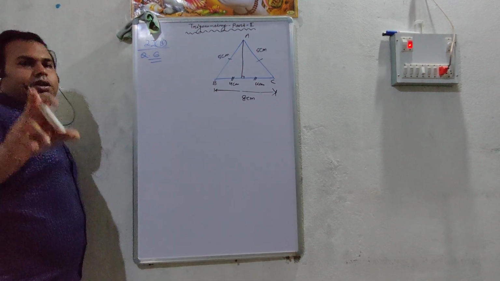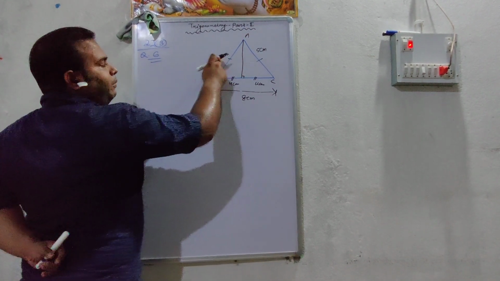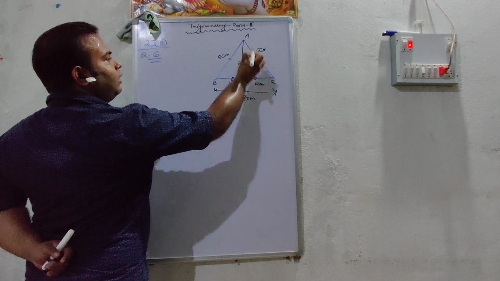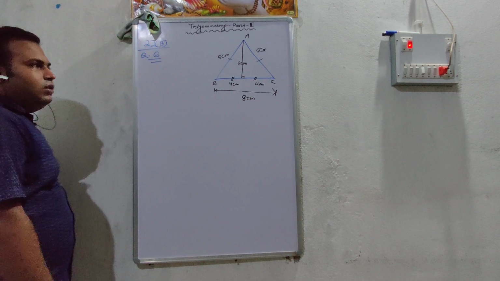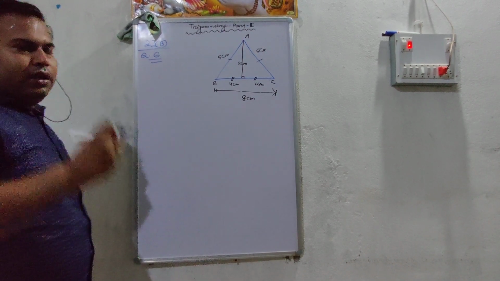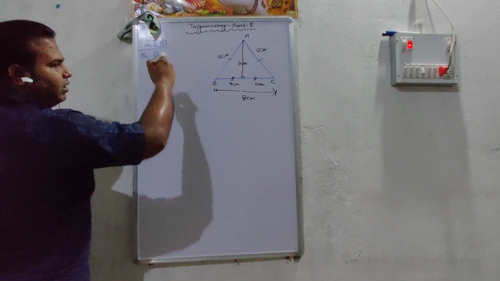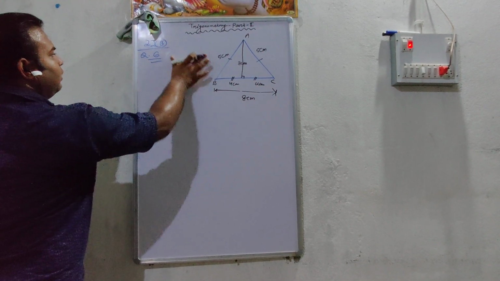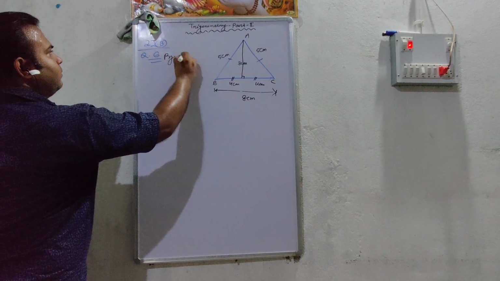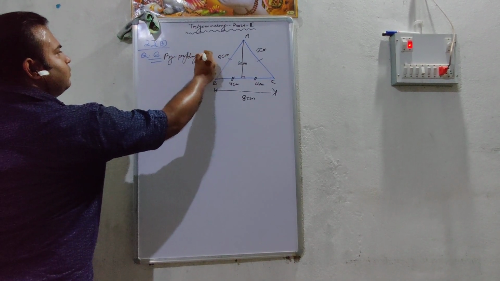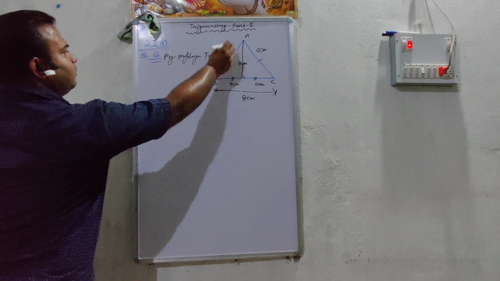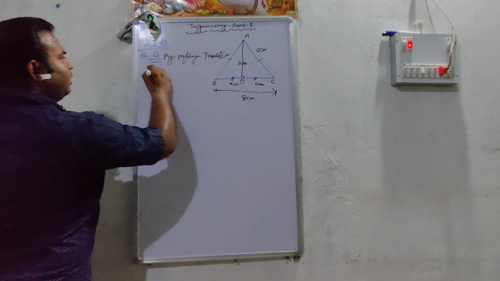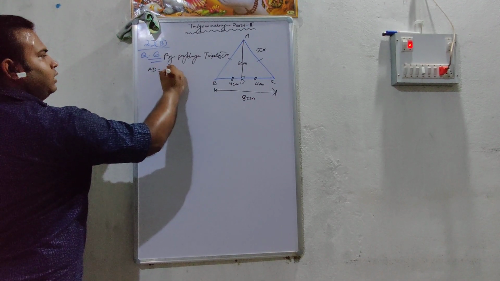You know the Pythagorean triplet. 5 is the hypotenuse, 4 is the base, so 3 is the perpendicular. It is quite easy if you remember the Pythagorean triplet. I will also write that by the Pythagorean triplet, give the name D here, AD equal to 3 cm.